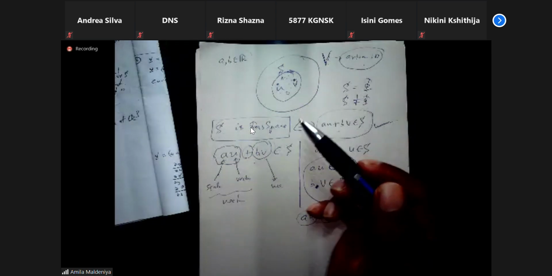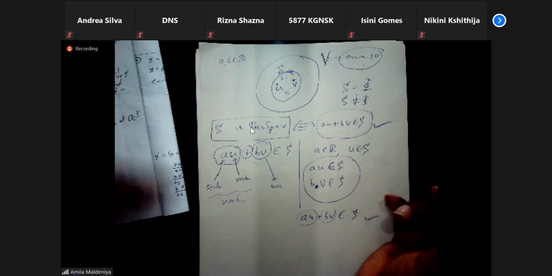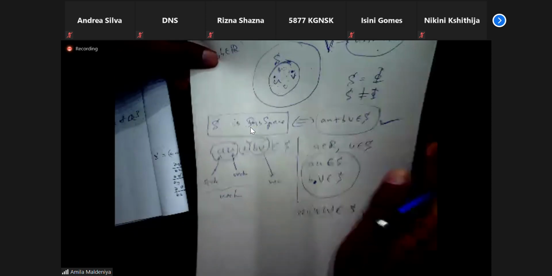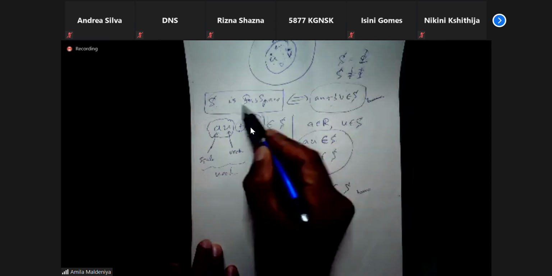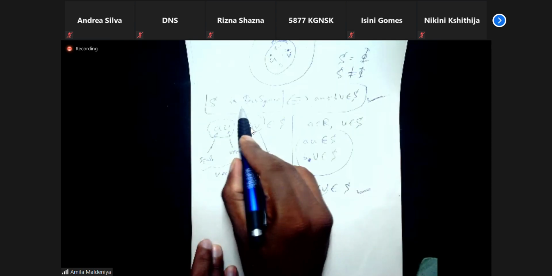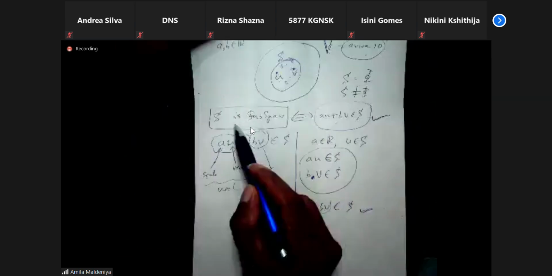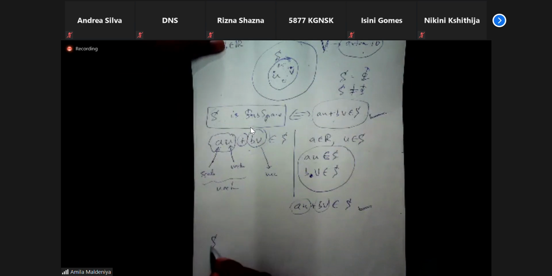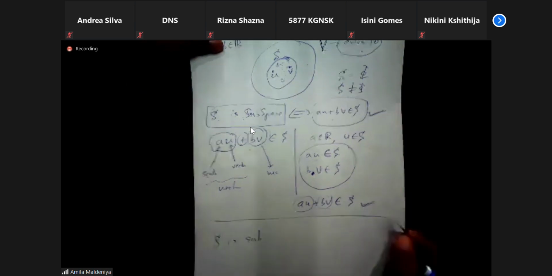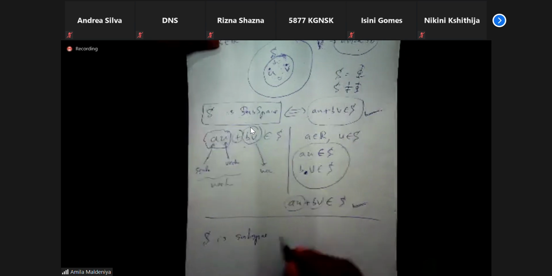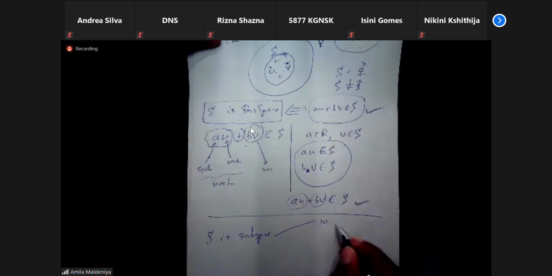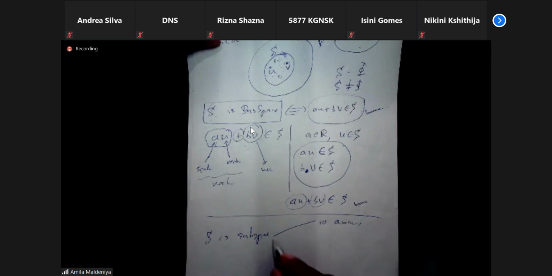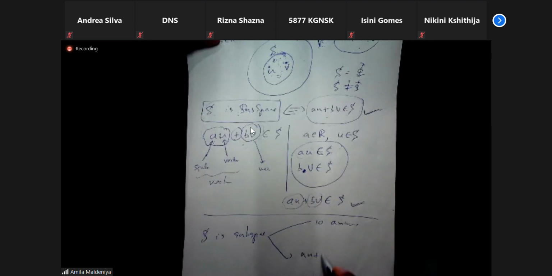From this theorem, if you want to prove S is a subspace, there are two ways. If the question is to prove S is a subspace, then you either prove the 10 axioms, or otherwise you prove this one: au plus bv belongs to S. Here you have 10 conditions, here you just have one condition.